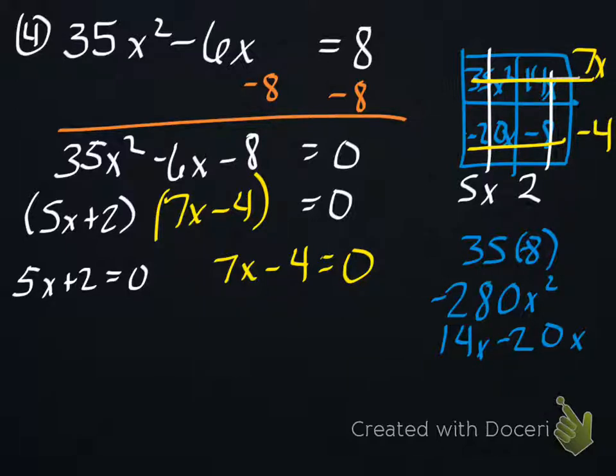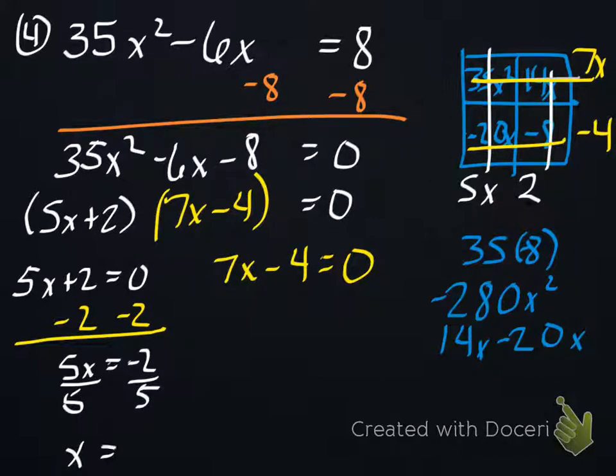And so we are going to move that 2 away, giving us 5x is equal to negative 2. And divide by 5, giving us x is equal to negative 2/5.